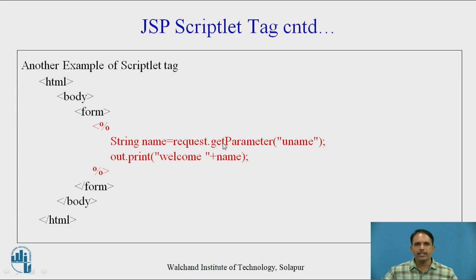So this is how you can get the content of any of the field in the HTML file or JSP file which is received through request. Now upon getting this particular content, we can use that particular content for our business logic. So this is another example where we are using scriptlet tag to add our Java code.